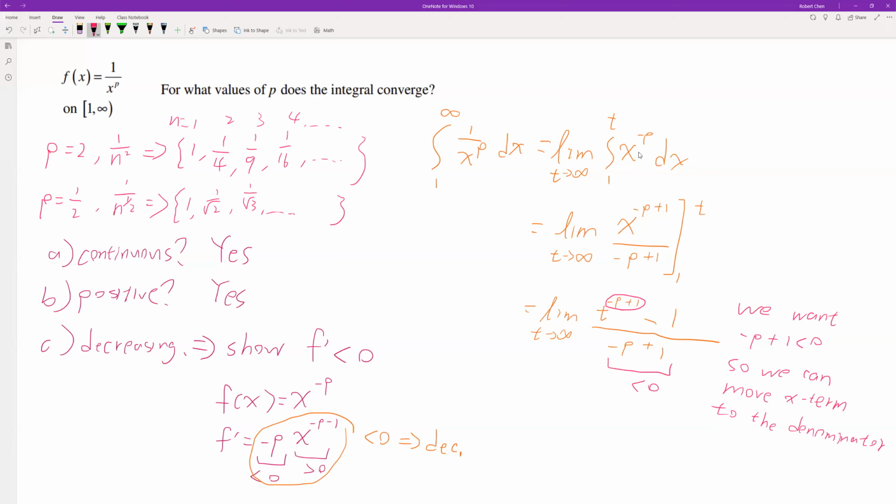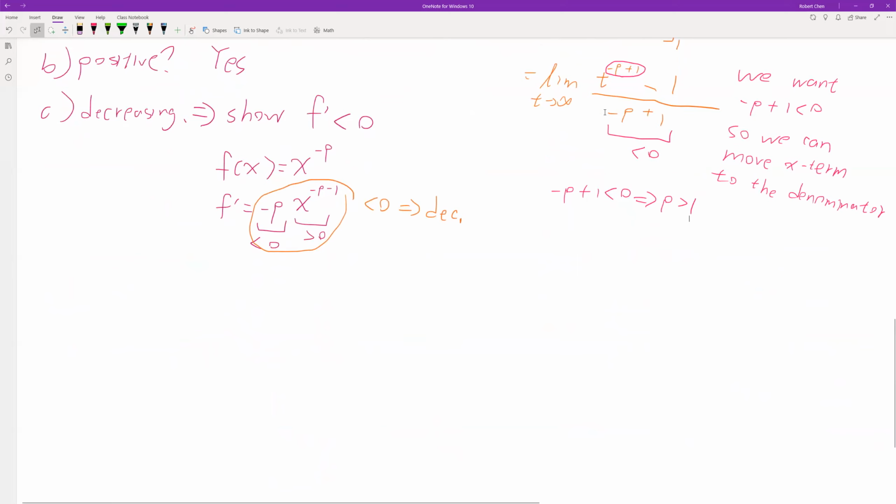Our goal is to keep the t in the denominator so that it will converge. So the goal is we want negative p plus 1 to be less than 0, which tells us that p has to be strictly greater than 1. So if p is greater than 1, then the integral will converge.